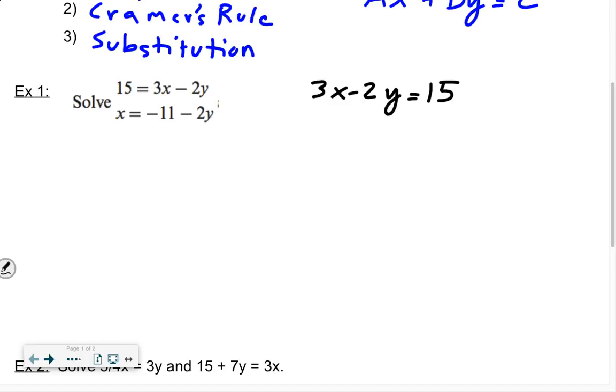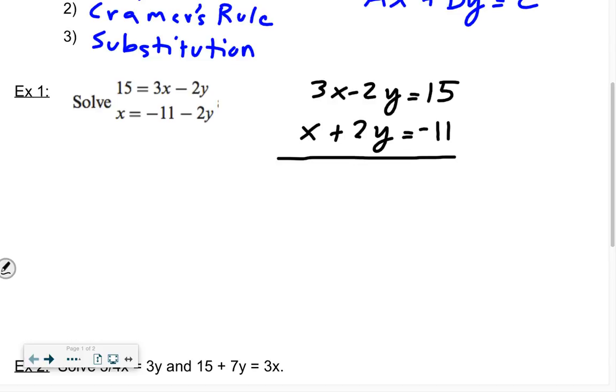I see that I have the x over here on the left, but I need to bring this negative 2y over. So I need to simply add 2y to both sides. Everybody okay with that idea? Both the equations are in standard form, so now we can go ahead and do our elimination process.